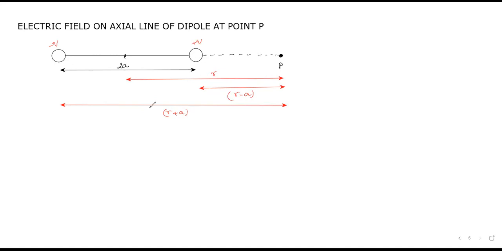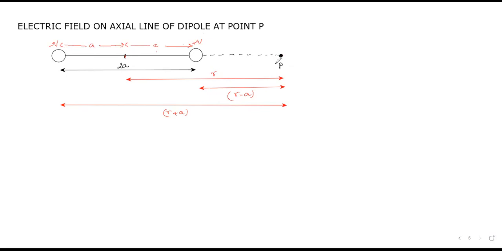Yes, sir. First of all, the separation between the two charges is 2A, so you can consider this part is A and this part is A. So the separation from the plus Q charge to the point P will be R minus A, and the separation from minus Q to the point P will be R plus A.